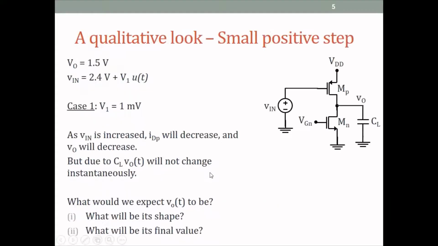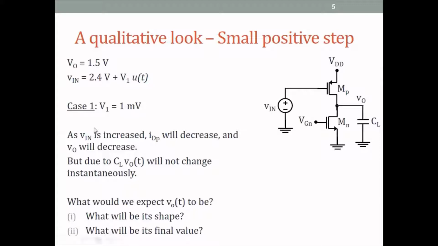All right. So with that, let us look at a few different cases, first qualitatively, and then quantitatively. So we say we'll apply a unit step at the input of the PMOS on top of the DC of 1 millivolt. So a very small step at the input of the amplifier, and let's qualitatively see what this will do.